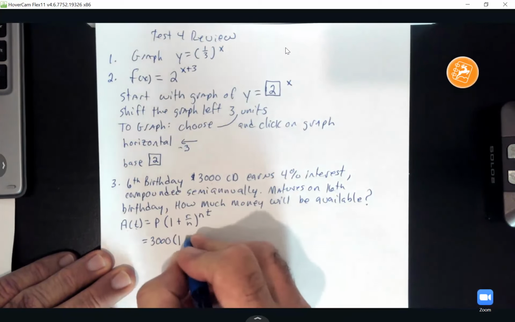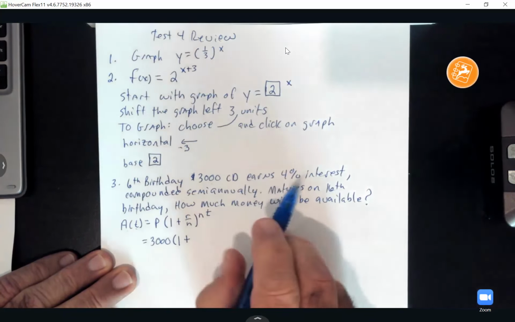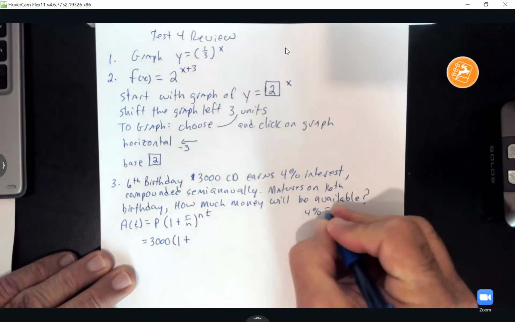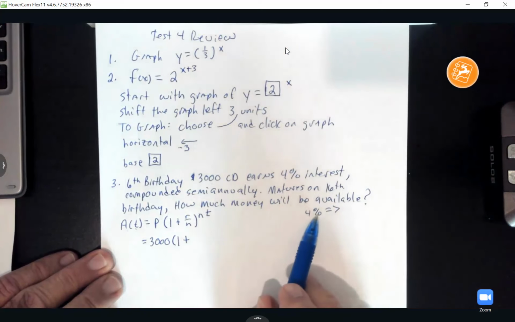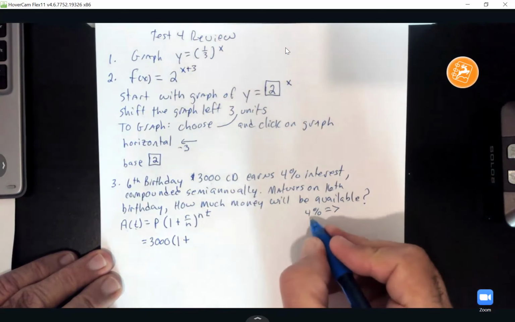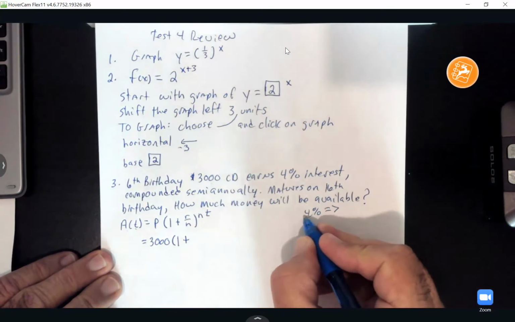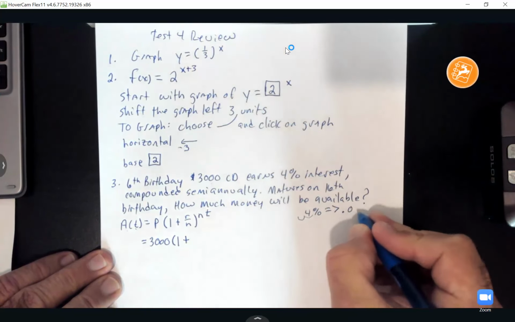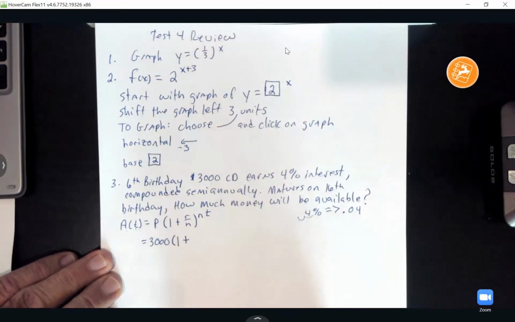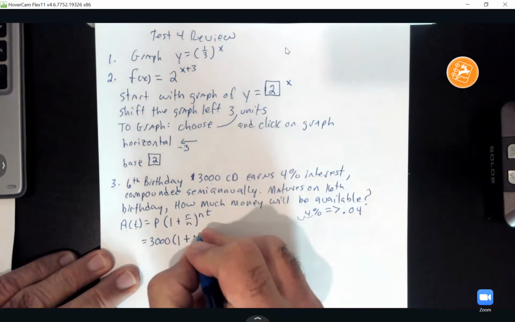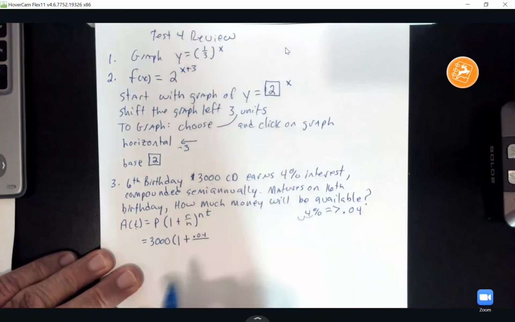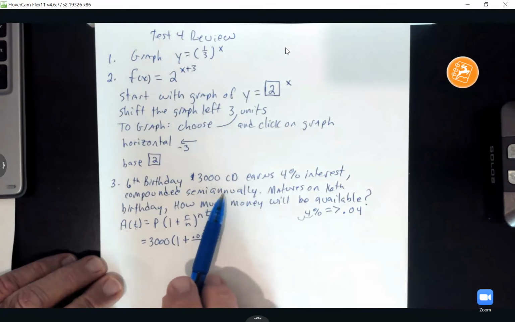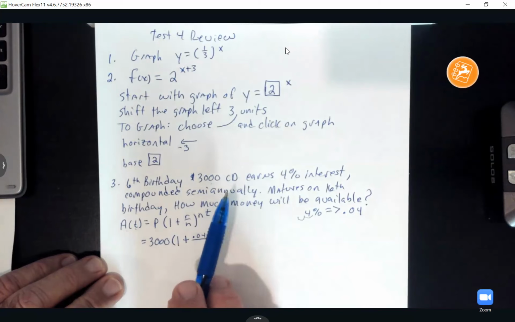Then we got 1 plus r. r is 4%. But remember, we got to turn 4% into a decimal form. So you got to move the decimal left twice, which will give us 0.04. So that would be our r, 0.04. n is the number of compounds. So we got to figure out what semi-annually means.